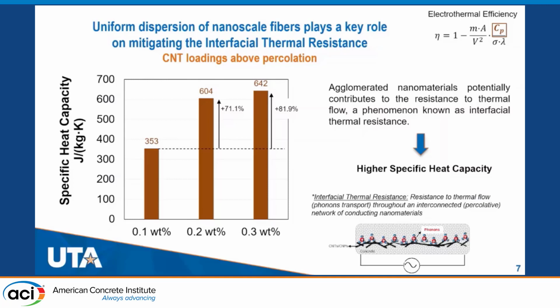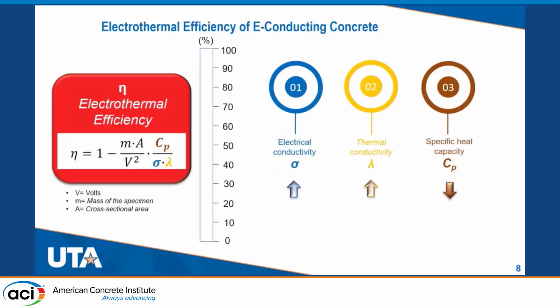So what we saw is that the agglomerated nanomaterials potentially contribute to the resistance to thermal flow, which is, again, also known as an interfacial thermal resistance. As a result, the specific heat capacity for amounts higher than percolation increases, and the thermal diffusivity of the nanocomposite decreases.